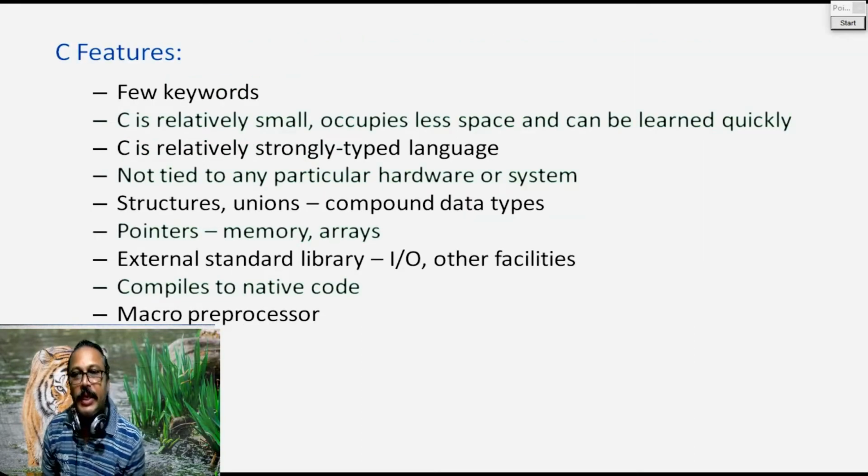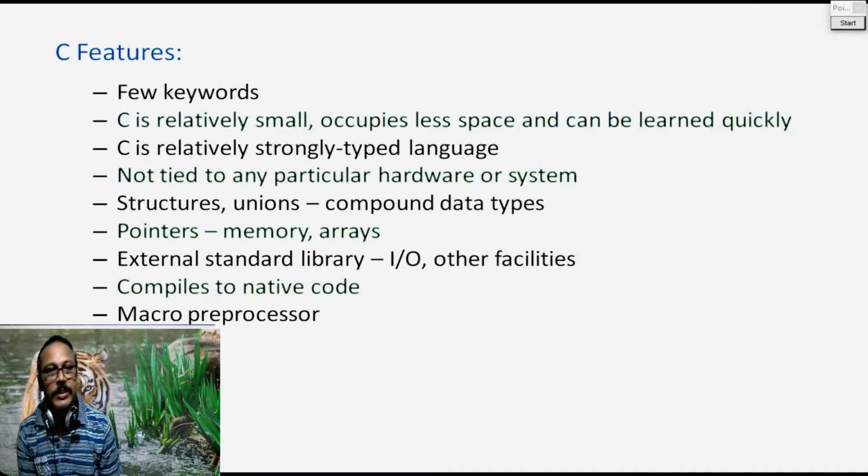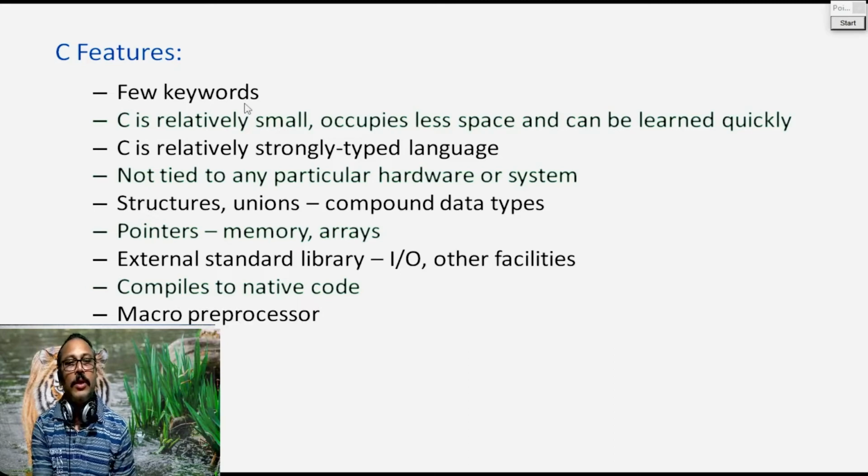C features. C has few keywords. What do you mean by keywords? Any programming language will have what are called keywords. Keywords are those which are reserved for some particular purpose. You can use them for that purpose only.